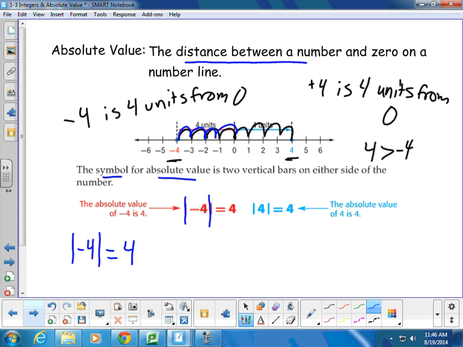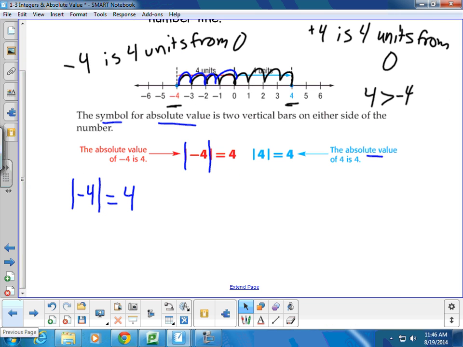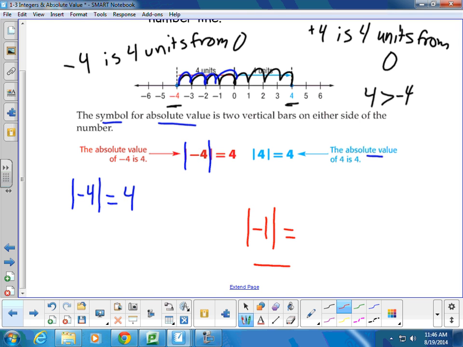So 4 is also 4 units away from 0, so the absolute value of 4 is 4. If you want to make a prediction, what do you think the absolute value of negative 1 would be? Well, if I had my number line, negative 1 is 1 unit away, so we consider the absolute value a positive 1.